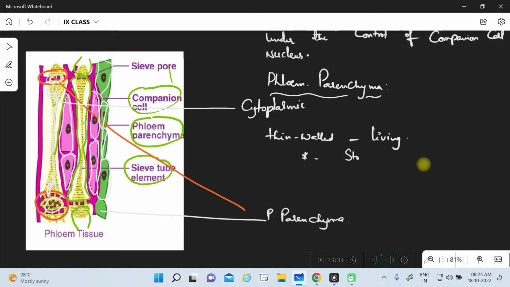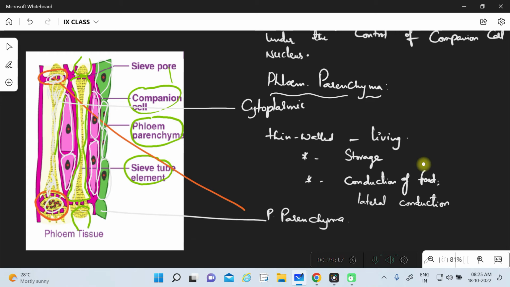One is storage, another one is conduction of food. This is the lateral conduction; slow lateral conduction of food is under the control of phloem parenchyma.